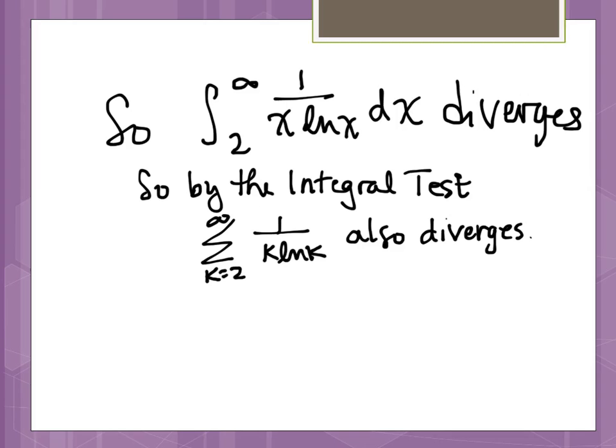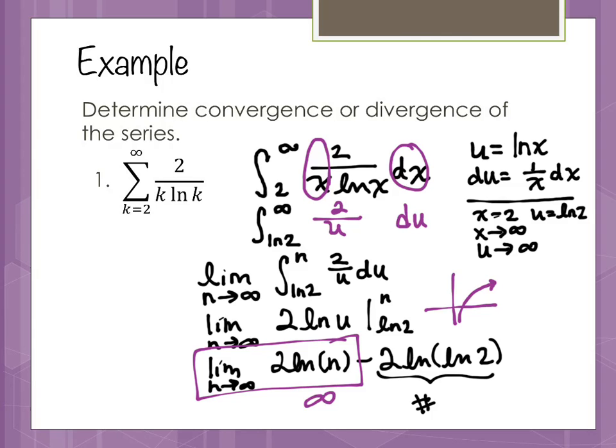Now, it's worth pointing out that if we had gotten a numerical value, if over here, instead of infinity at the end, it said something like 7, or even some ugly expression, that would tell us it converged, correct? And the integral test would then tell us that the original series also converged.